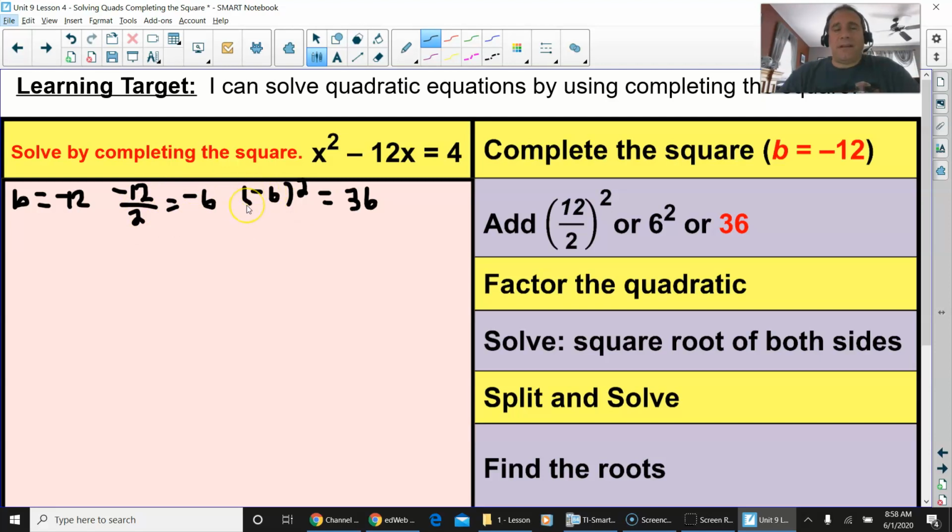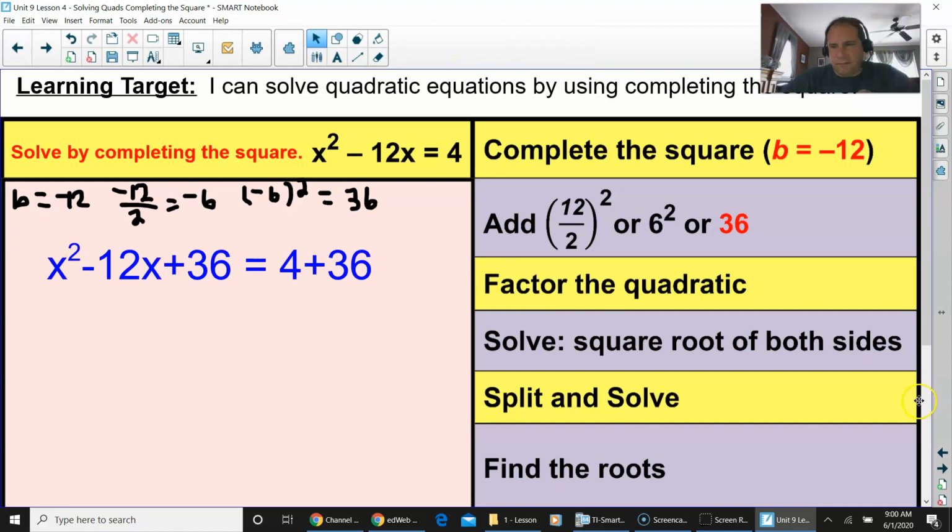Remember, you have to have parentheses if you're going to use your calculator here. -6 squared. Then you square it. -12 divided by 2 is -6. -6 squared is 36. So this is basically what you write down. You have the x squared here.